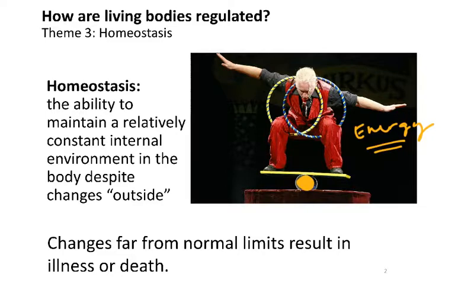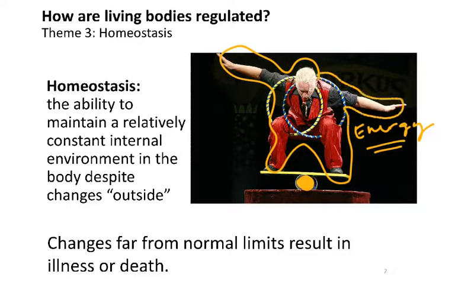It is balance within his internal environment. He's going to get hurt. And that's also the case with failure of homeostasis in our bodies. Changes that are when parts of our physiology change far outside the normal limits, that's when you have illness and potentially death.